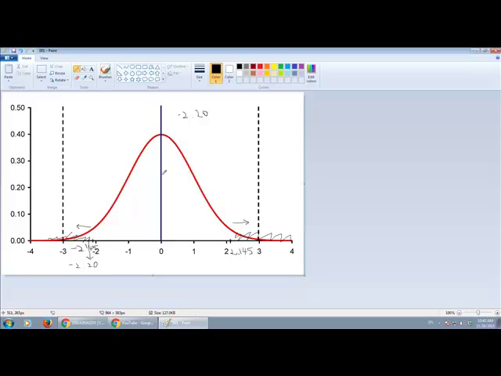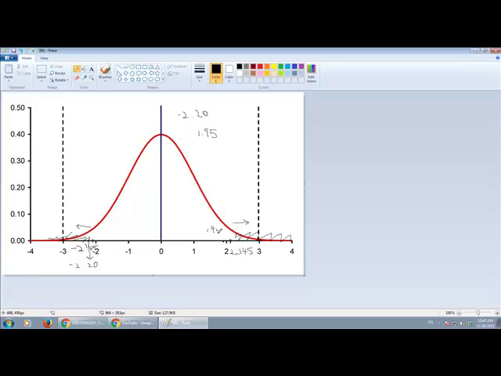Now, how about the value of 1.95? We need to identify this value. Where is it? First, it's positive, so it's got to be on this side. And then where is it on this line? It's between 1 and 2, so 1.95 is about right here.